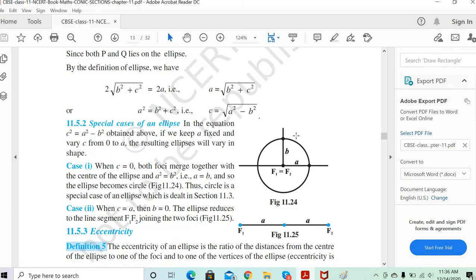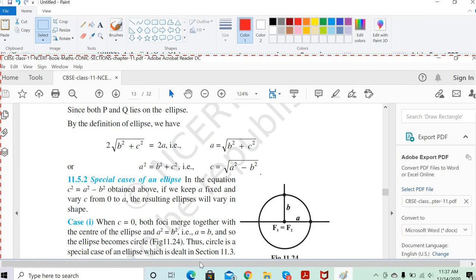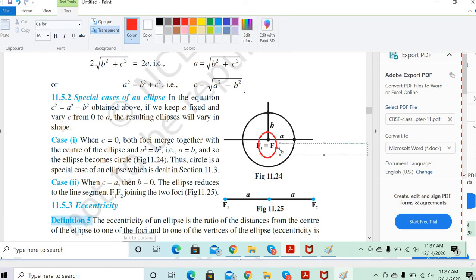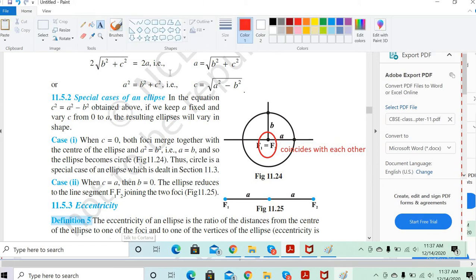Now when F1 and F2 coincide with each other, what will be the value of C? C would be 0, right? Excellent. When they coincide with each other, then C will be equal to 0.